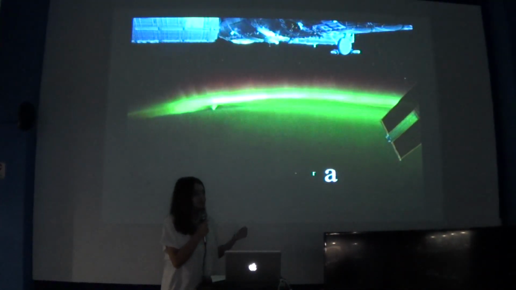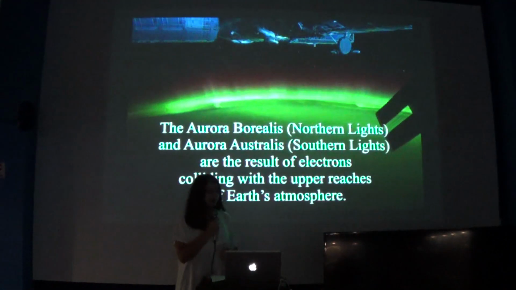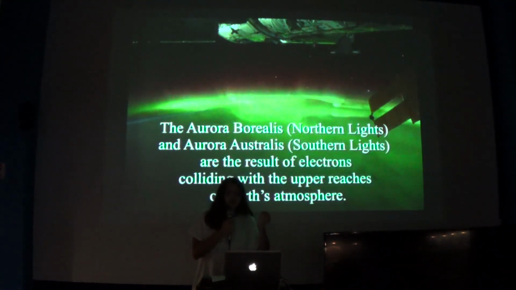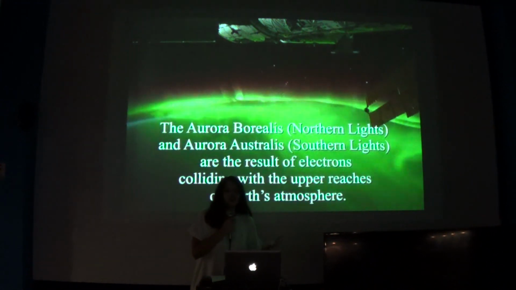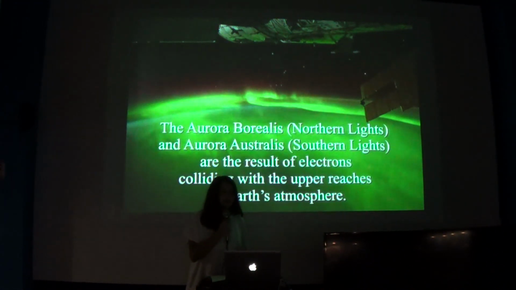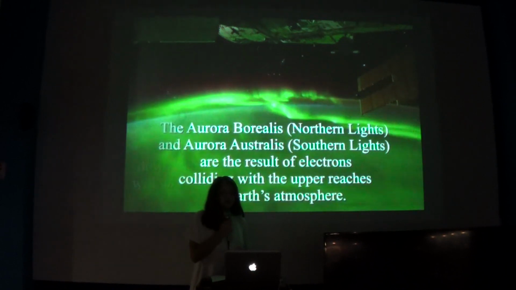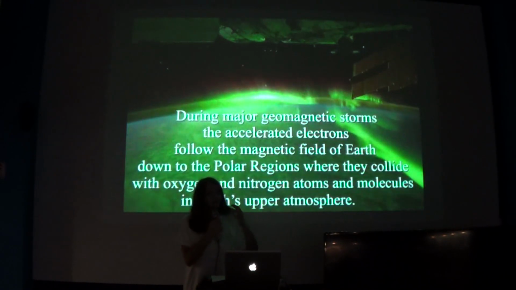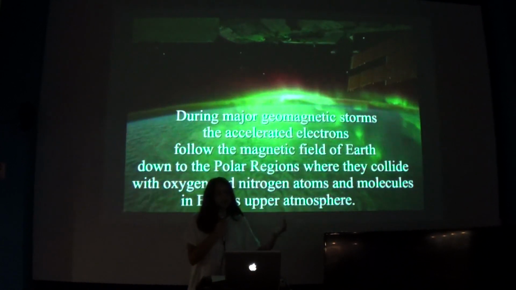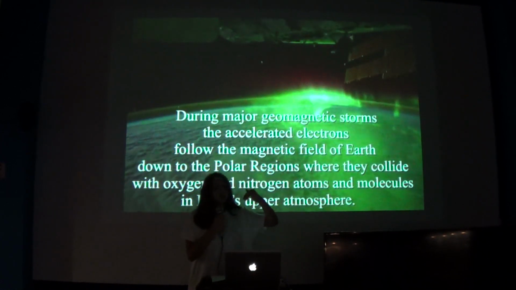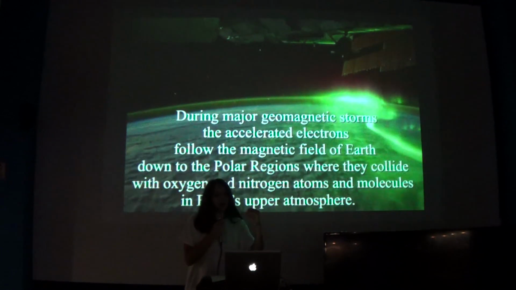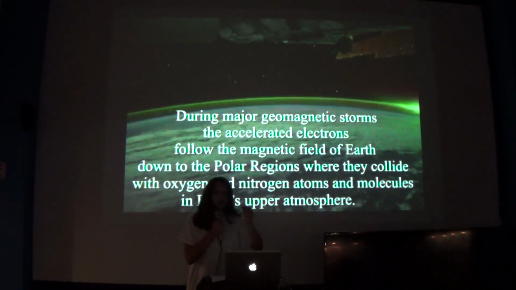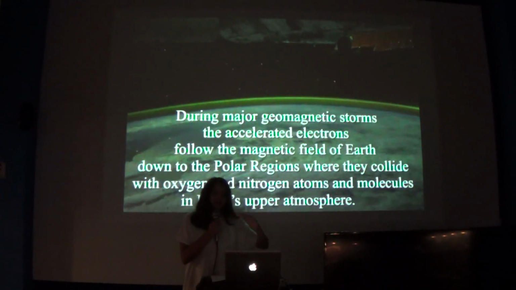Aurora. Aurora is the result of electrons colliding within the upper reaches of Earth's atmosphere. During major geomagnetic storms, the accelerated electrons follow the magnetic field of Earth down to the polar regions, where they collide with oxygen and nitrogen atoms and molecules in Earth's upper atmosphere.